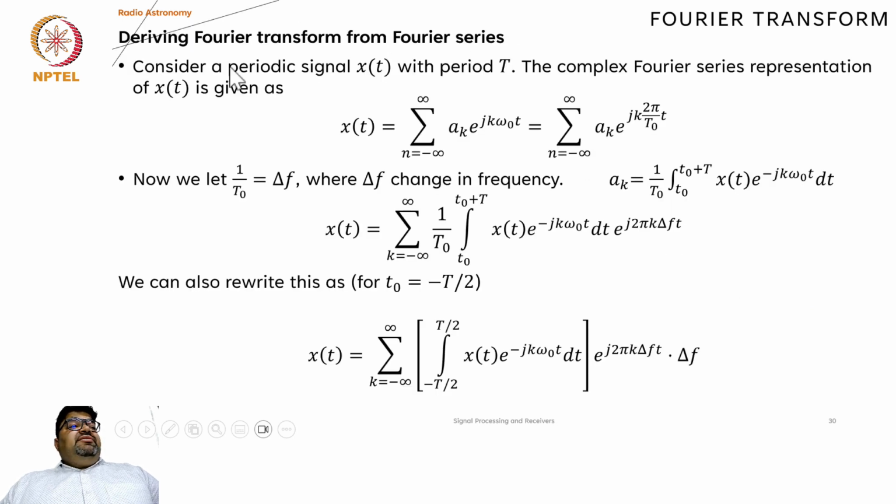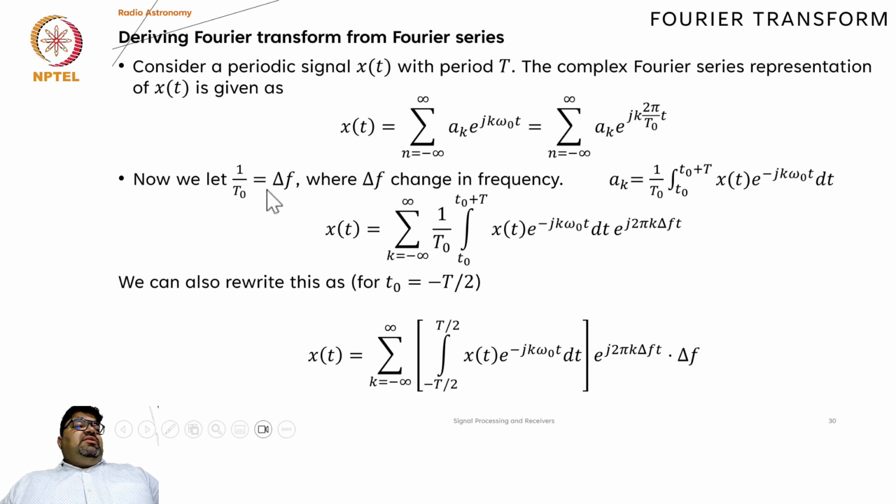So how do you derive Fourier transform from the Fourier series? Consider a periodic signal x(t) with period T. The complex Fourier series representation of x(t) is given as x(t) equals the summation over k of a_k e^(jk omega_0 t).